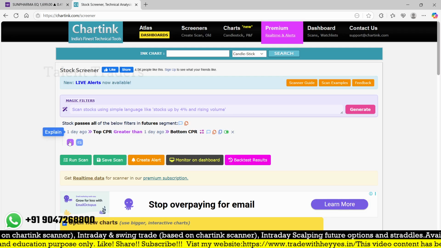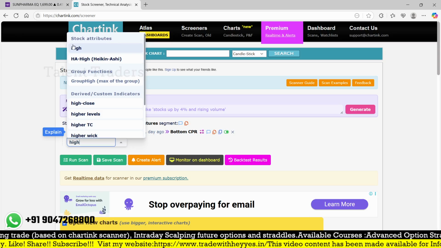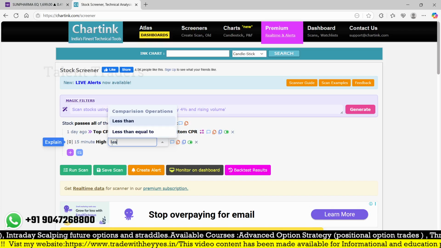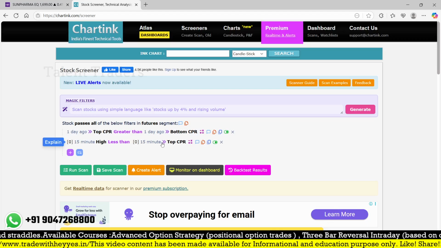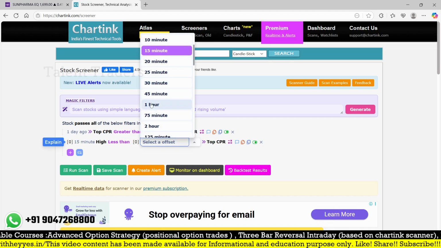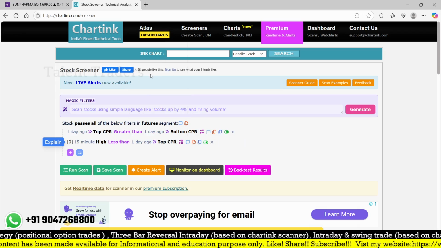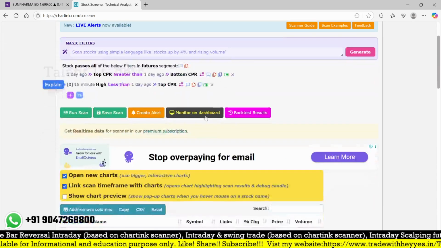So simply, I create the condition that the high of the 15 minute candle should be less than top CPR. The top CPR should be on the 1 day timeframe, because the calculation is based on the daily, meaning yesterday's high and low are used to plot today's CPR.